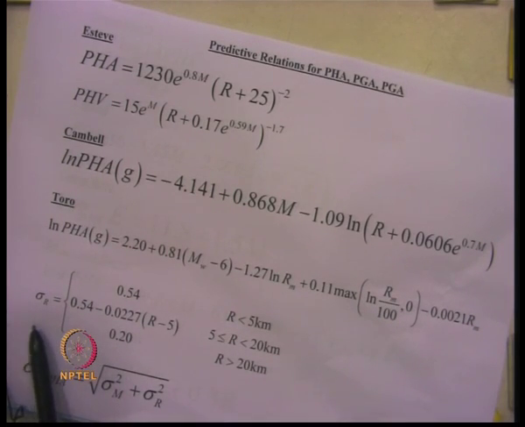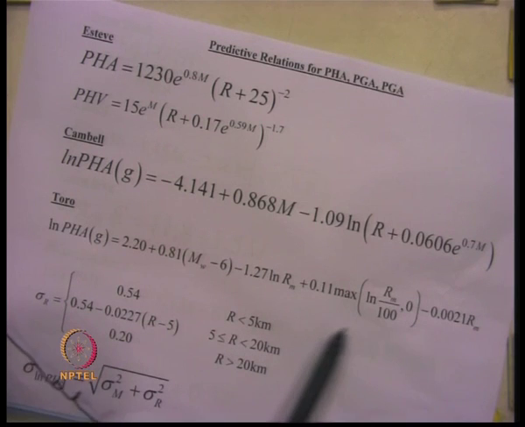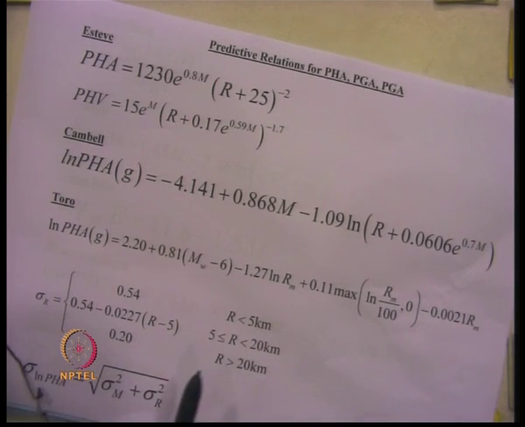The sigma r value is given by this, that means the Rm here is the mean value of the r, and there is a standard deviation which is specified for the epicentral distance r, and they are given for this particular bounds over here.